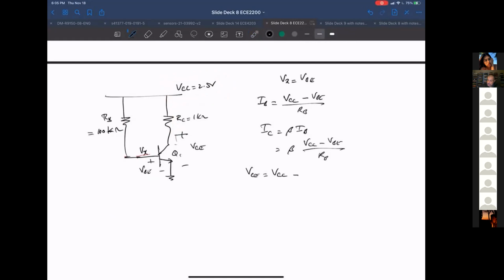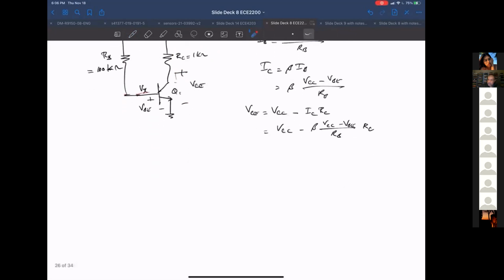So it's minus I sub C, R sub C. So it's equal to VCC minus beta times VCC minus VBE over R sub B, times R sub C. Okay, so that's this voltage VCE here.